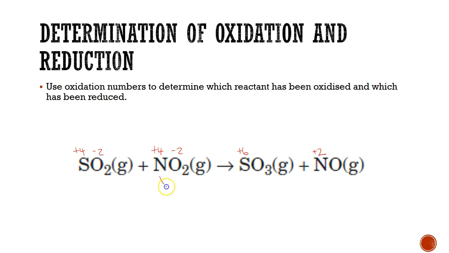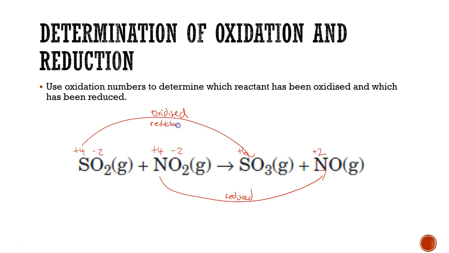So we can see that the nitrogen here, the NO2, has been reduced because the oxidation number has gone down, and the sulfur dioxide has been oxidized in order to form the SO3. So in this case, our sulfur dioxide acts as our reductant, and NO2 is acting as our oxidant.